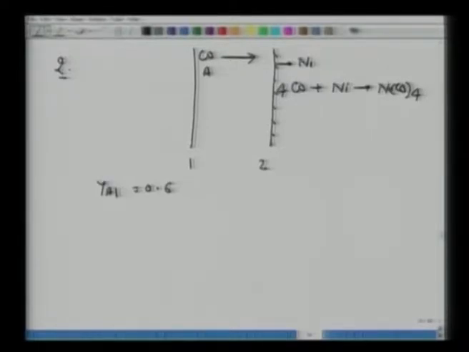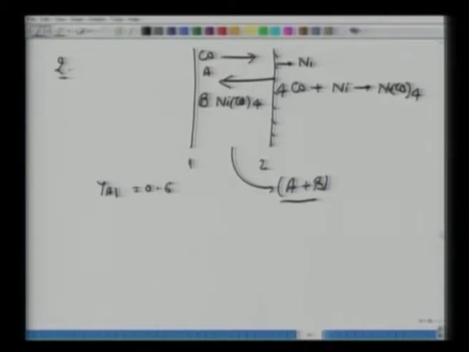Now this product, nickel carbonyl, also diffuses back into the bulk. So we have B as nickel carbonyl. The more important thing to understand is that we have a binary mixture of A and B, carbon monoxide diffusing from 1 to 2, and the product diffusing back into this bulk mixture of A and B. There is a chemical reaction, but it takes place at plane 2.